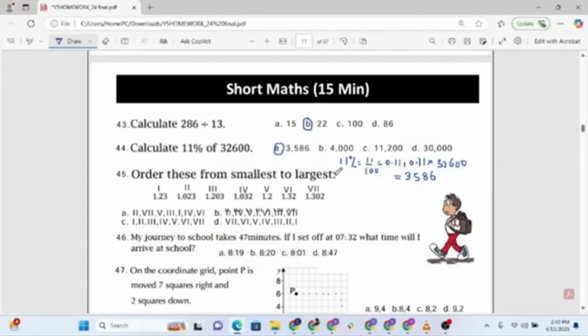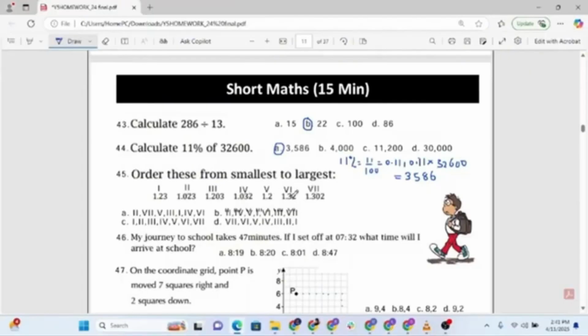Question 45. Order these numbers from smallest to largest. Roman numeral 1, 1.23. Roman numeral 2, 1.023. Roman numeral 3, 1.203. Roman numeral 4, 1.032. Roman numeral 5, 1.32. Roman numeral 6, 1.302. Roman numeral 7, 1.302.